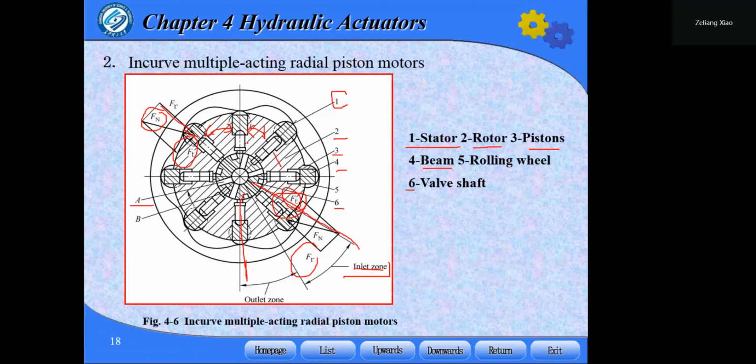At the same time, the pistons at the return oil region retract under pressure, and the low pressure oil is discharged out through the return oil port. This is the operating principle of these multiple acting radial piston motors.